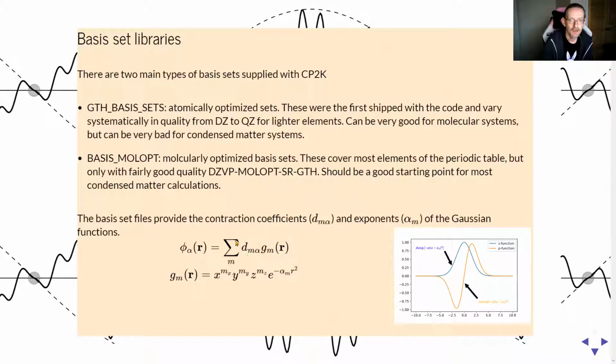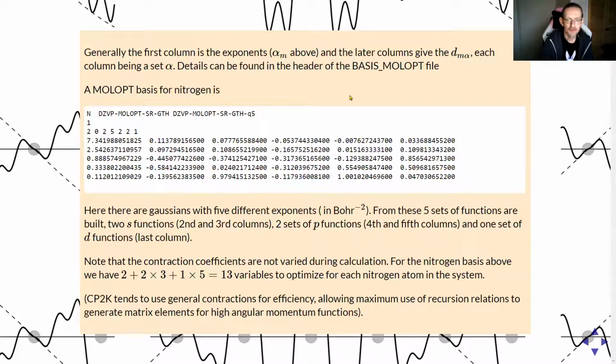What they contain is basically a list of exponents, and then a list of so-called contraction coefficients, which say, for a given atomic-type orbital, what sets of Gaussians are mixed together in different ratios to give that atomic-type orbital.